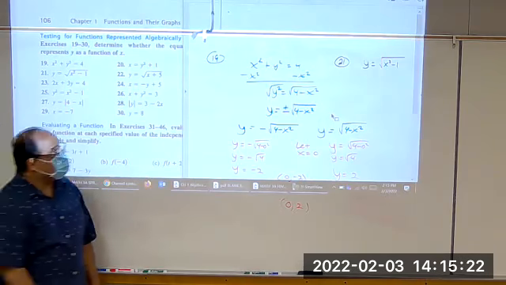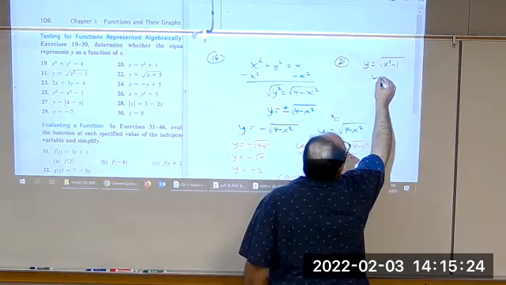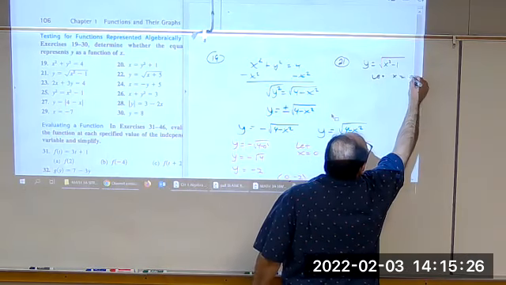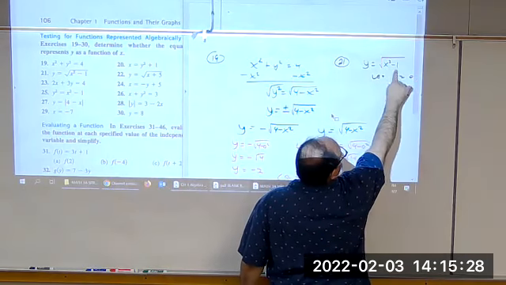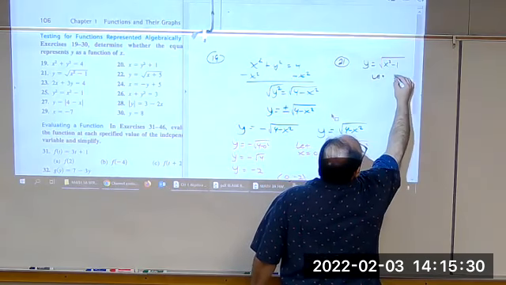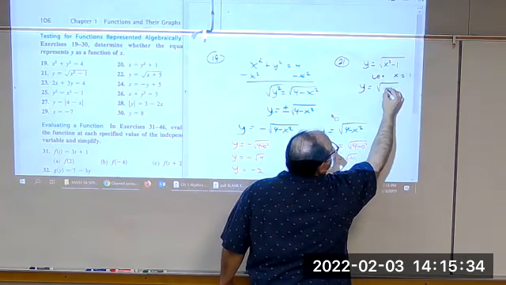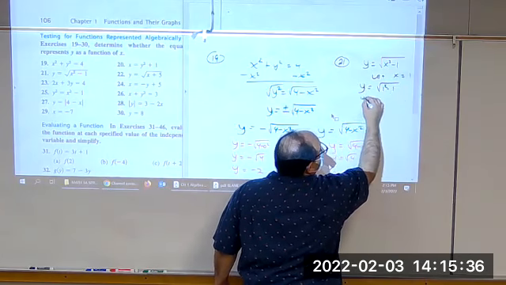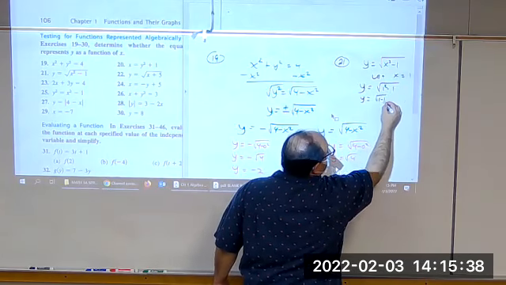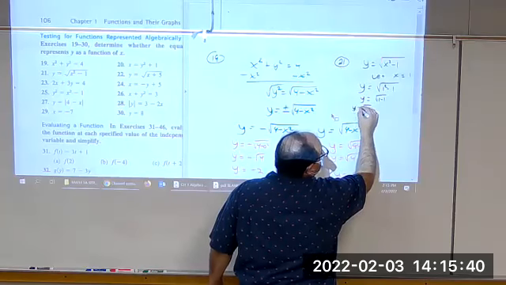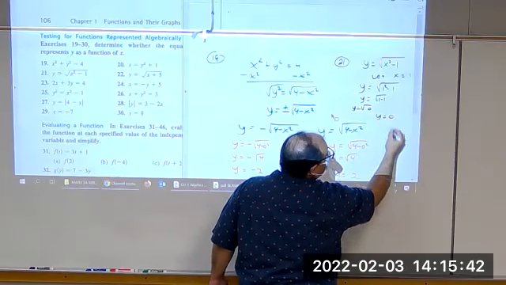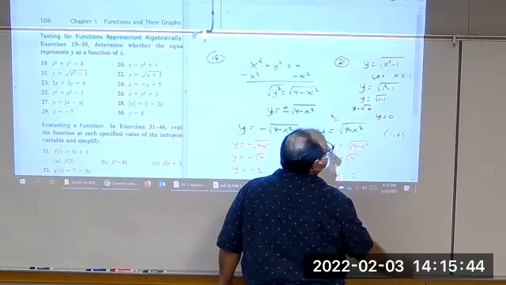So if I plug in 0, well, actually I can't because of 0 squared minus 1. If I plug in 1, y equals the square root of 1 squared minus 1, y equals the square root of 1 minus 1, y equals the square root of 0, y equals 0. So when you plug in 1, you get 0.